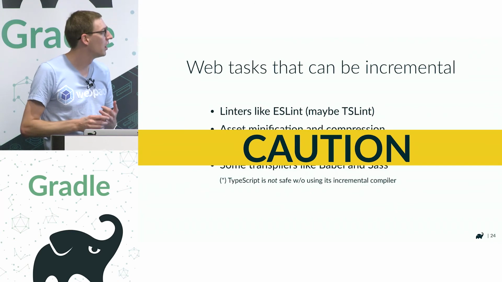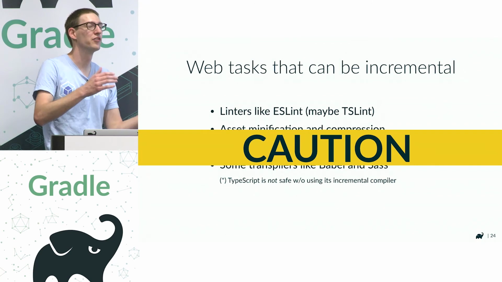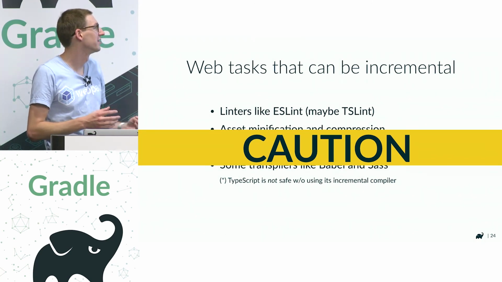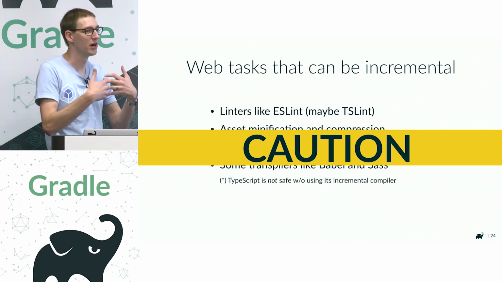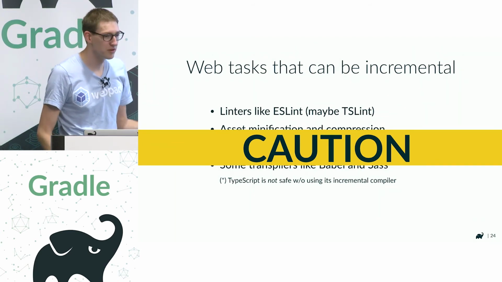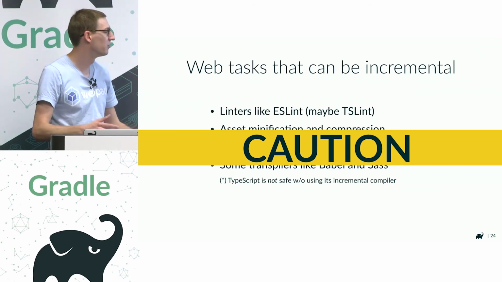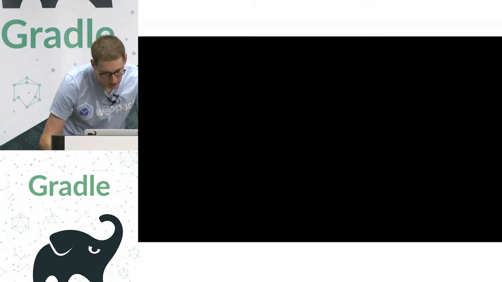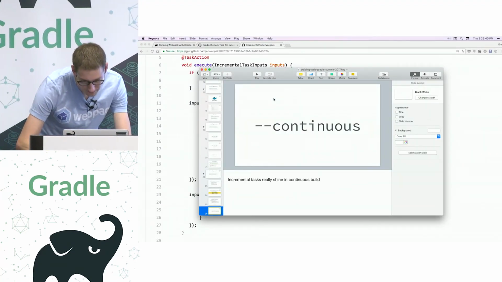So, for example, if you have a tslint task that only lints the files that were just changed, maybe that's okay. It catches most of your bugs, and then you might have a full build that does the full linting. Same thing with Sass. Sometimes changes to files are not incremental, but most of the time you can just change one Sass file and you get one CSS file.